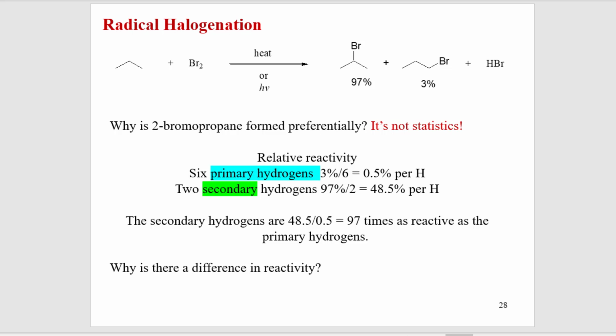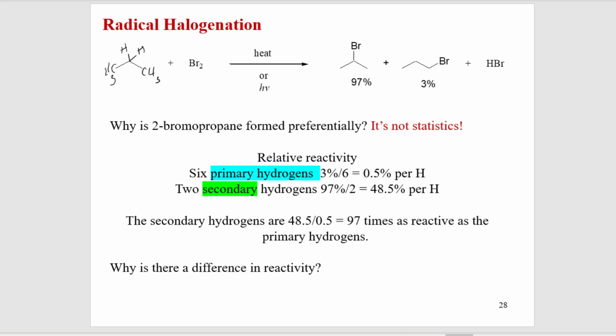What does that mean? Well, I once showed this problem to a mathematician with minimal understanding of chemistry, and I asked them to predict which one would be more prevalent, 2-bromo or 1-bromo propane. They looked at it from a statistical standpoint and said, okay, you just showed me all this kinetic stuff with collisions and whatnot, and you've got 6 hydrogens on the ends, and you've only got 2 hydrogens in the middle.